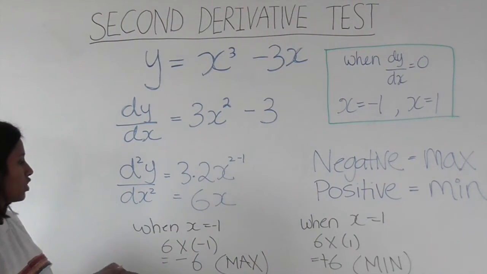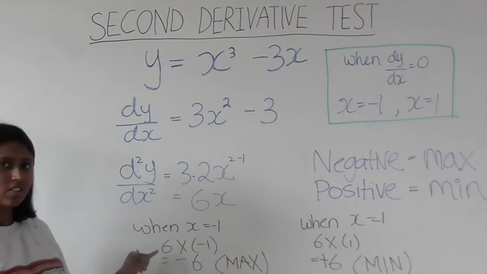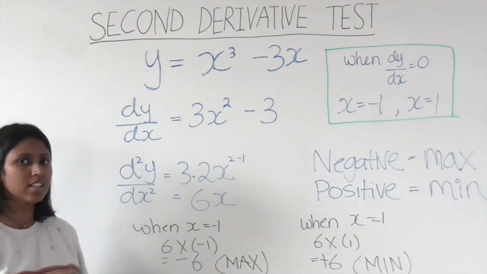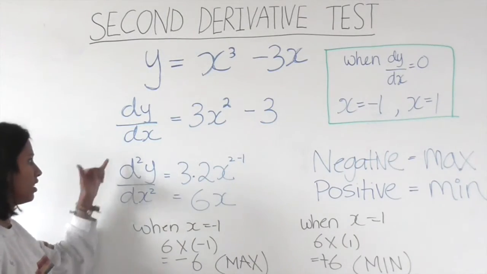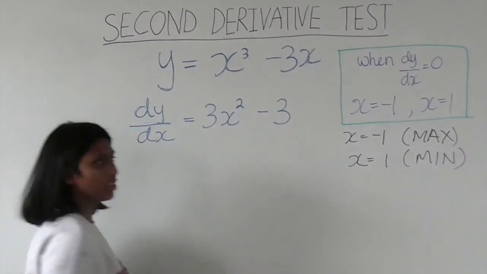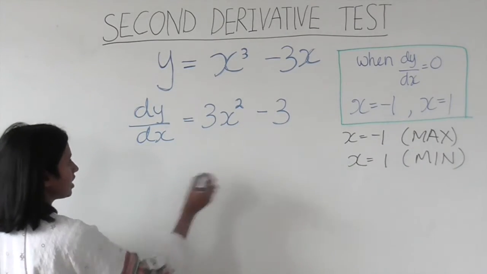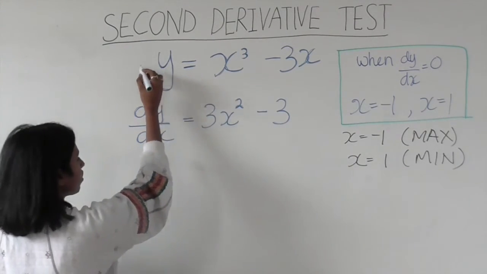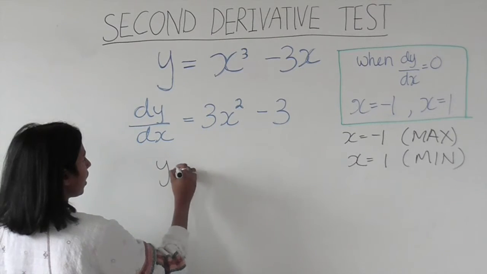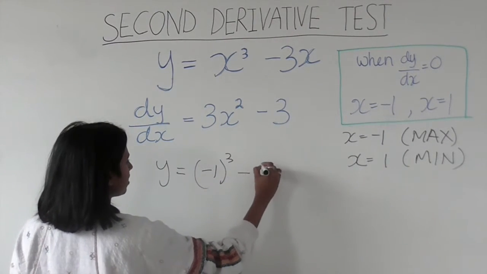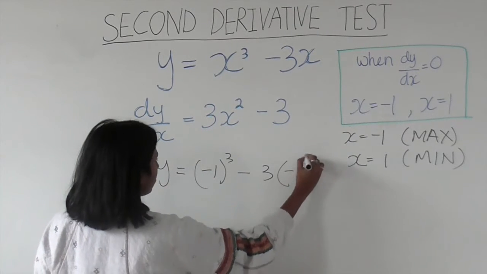So when using the second derivative, it's just to see whether it's going to be positive or negative. But the coordinates actually are determined by the first derivative. And to find the y coordinates for these points, you plug in x equals negative 1 into this original function. So y equals negative 1 to the power 3 minus 3 times negative 1.